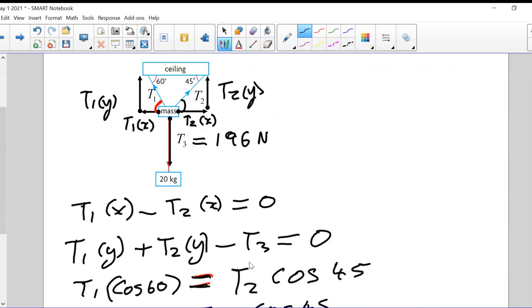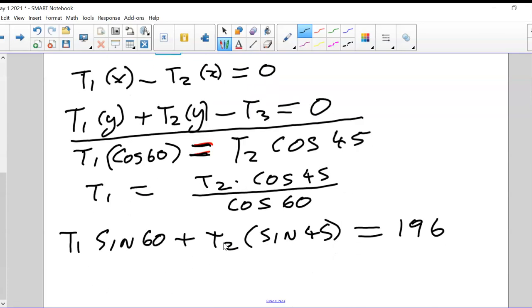This line that I'm pointing to is basically saying: if I take my T1y's and my T2y's, the ones pointing up, and add them together, and then subtract my 196, the force pointing down, that should get me 0, or just simply set it equal to 196. That should be good enough.